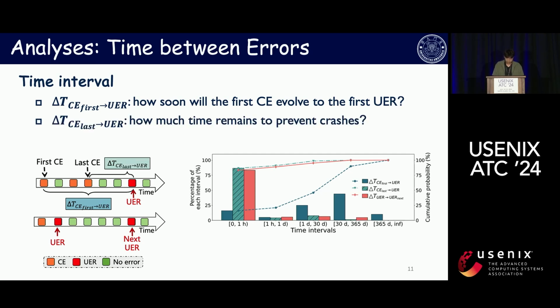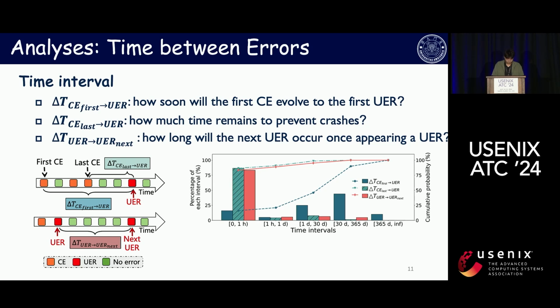The second is the interval between the last CE and the UER, which indicates the remaining time to prevent crashes. The third is the interval between 2 successive UERs, which shows how long it will take for the next UER to occur after one has appeared.